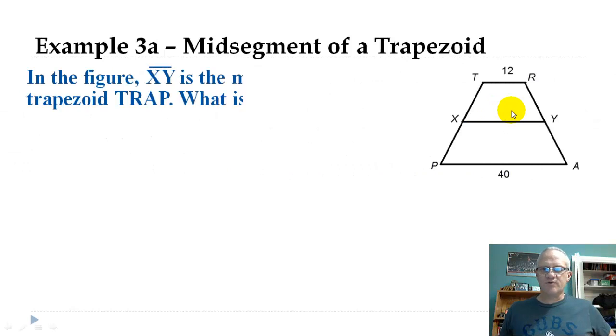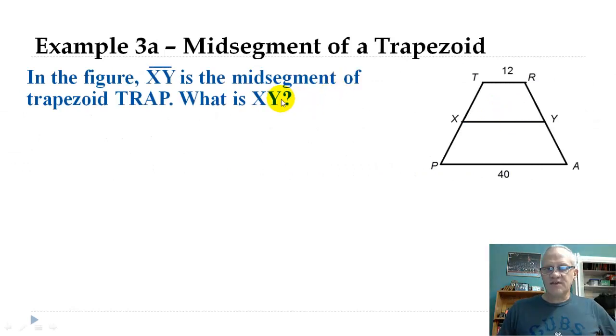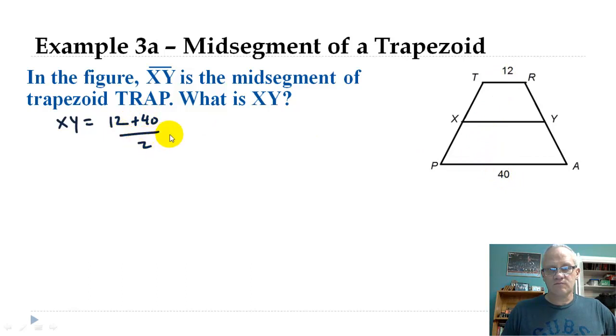So let's look at an example here. So here's an actual problem. We're trying to find XY. It's the mid-segment, and we want to find out what that is. Okay, so remember what we're doing is we're just taking an average of these. So XY will equal 12, which is this one, plus 40, divided by 2.